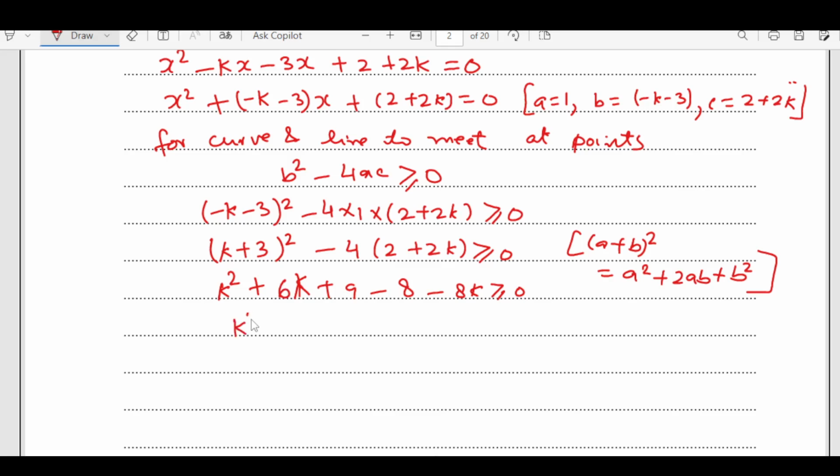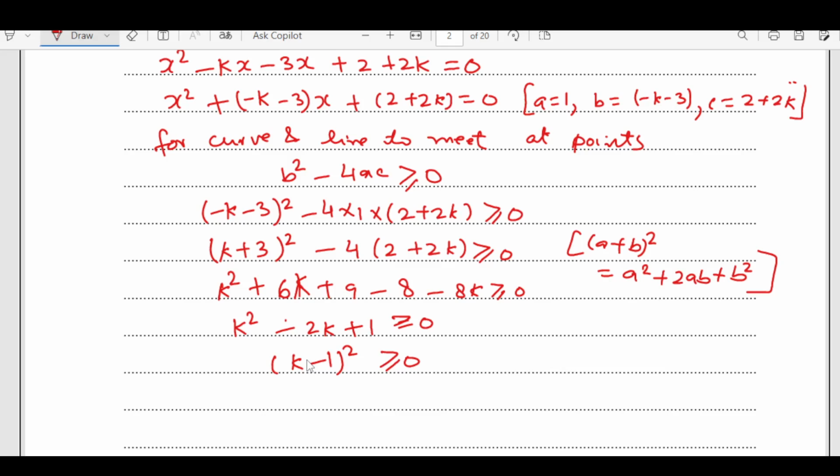So this is k squared minus 2k plus 1, greater than or equal to 0. Then factorize this: k minus 1 whole squared is greater than or equal to 0.